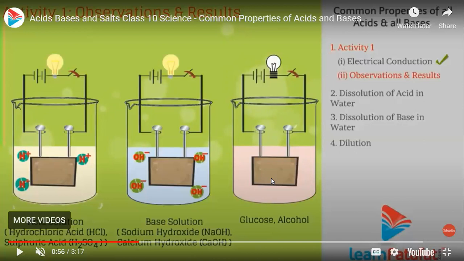So that is why the bulb will not glow in case of glucose and alcohol. Whereas in case of base and acid, the bulb will glow due to the presence of the H plus and OH minus ions. I hope it is very clear to you that whenever we talk about acids, we take into consideration H plus ions, and whenever we talk about bases, we take into consideration OH minus ions.